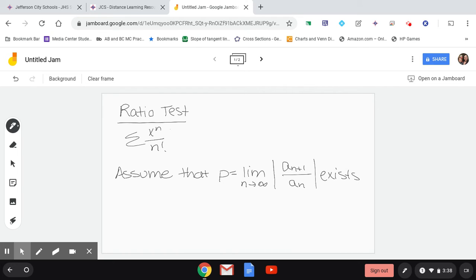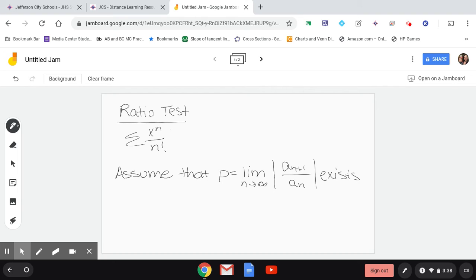It uses it in a slightly different way than the limit comparison test uses it. You are actually using the same series. You're just using the n plus 1 term of the series to compare it to the nth term. And so it has three outcomes just like limit comparison does, but the outcomes are a little bit different. And so it's very easy to get limit comparison and ratio mixed up. So you just have to be careful about that.